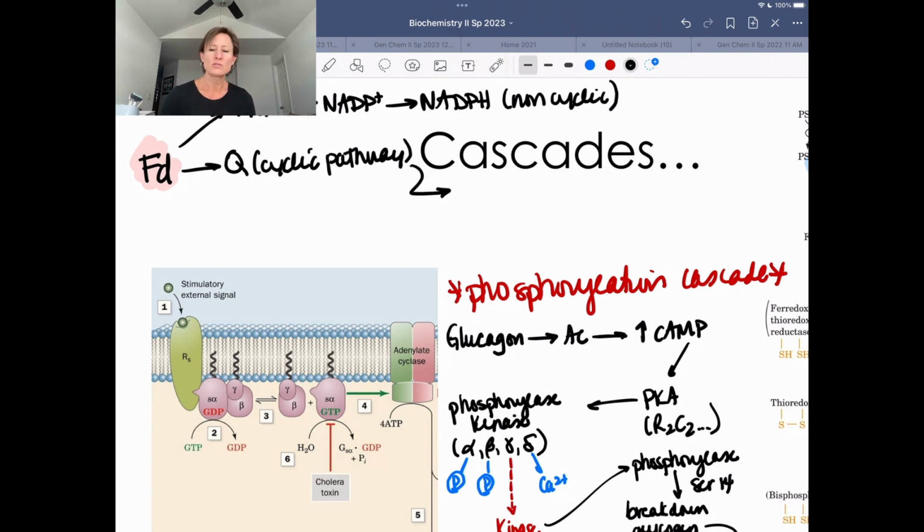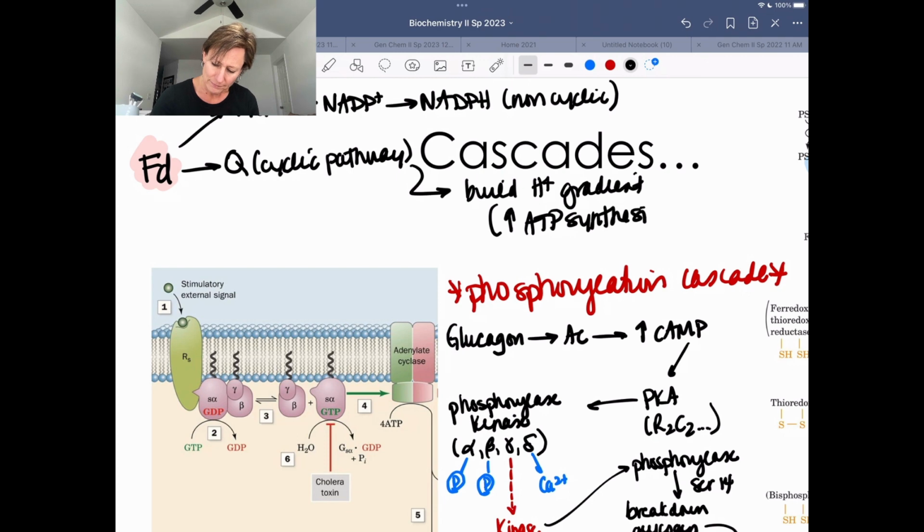That's going to allow us to continue to build our proton gradient, so that's going to increase ATP synthesis. And the third option is that ferredoxin could deliver them to our redox cascade. That's what we're talking about here with this blue line.